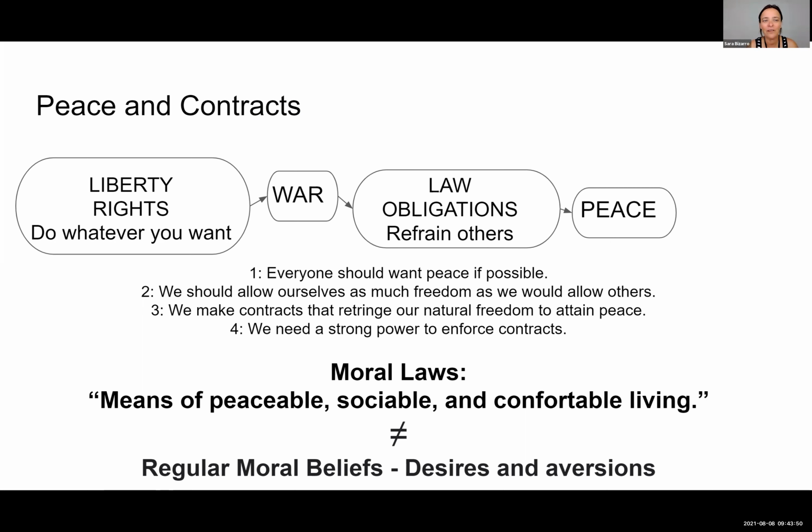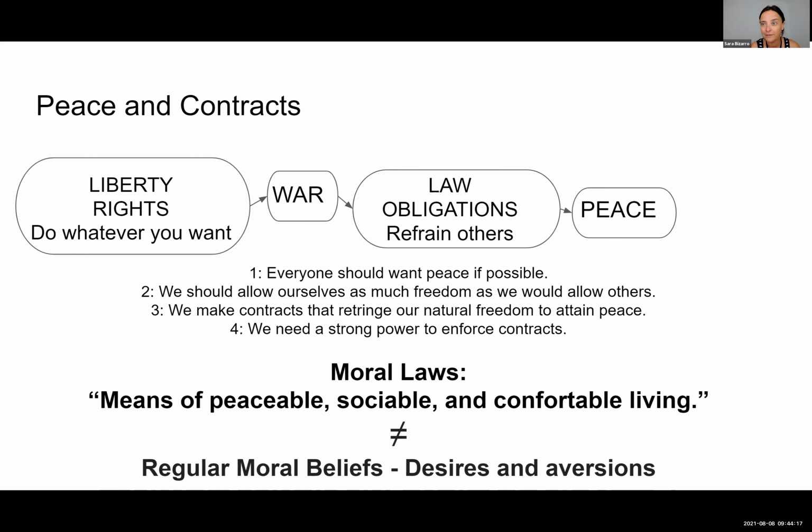The state of nature would be a state of freedom, absolute freedom. Everyone has a right to do whatever they want, and that would inevitably lead to war. When we reach a state of war, we don't want to continue that. So then we create laws and obligations to restrain others from attacking us, and then we achieve peace.